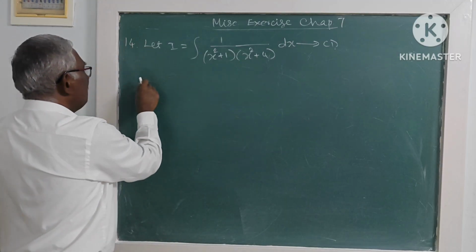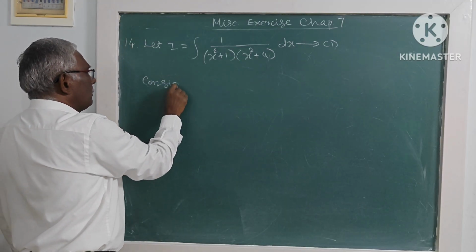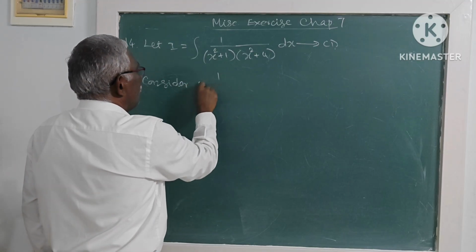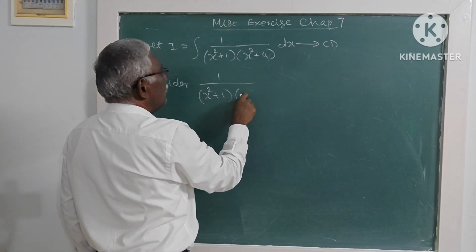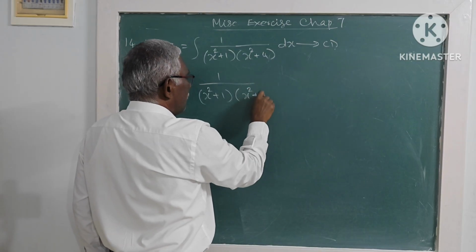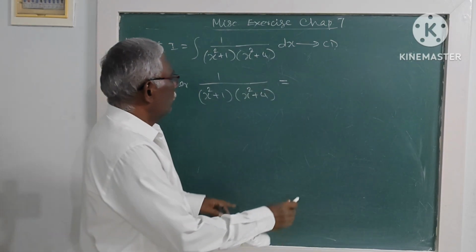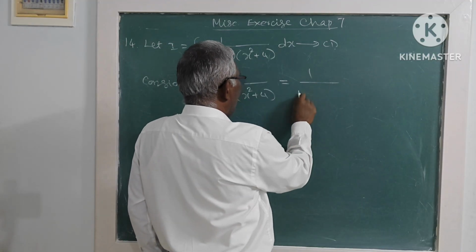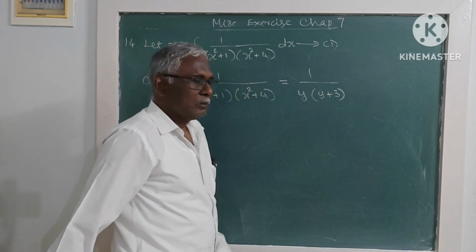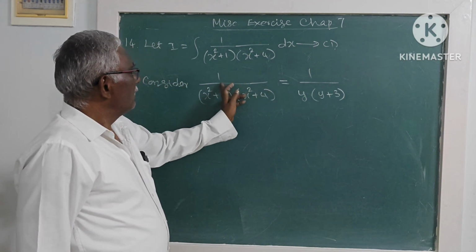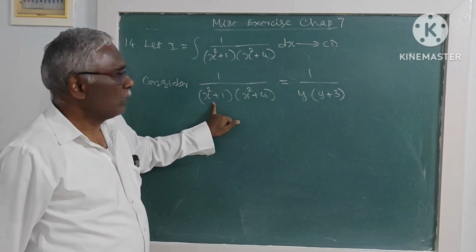Let us consider one over x square plus 1 into x square plus 4. This we can write as 1 over y into y plus 3, where y is x square plus 1.